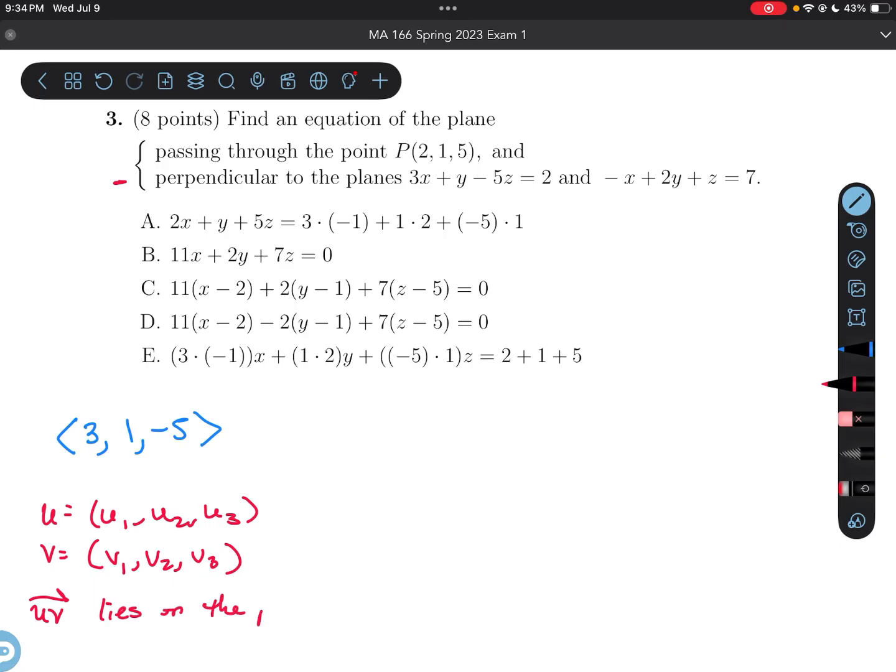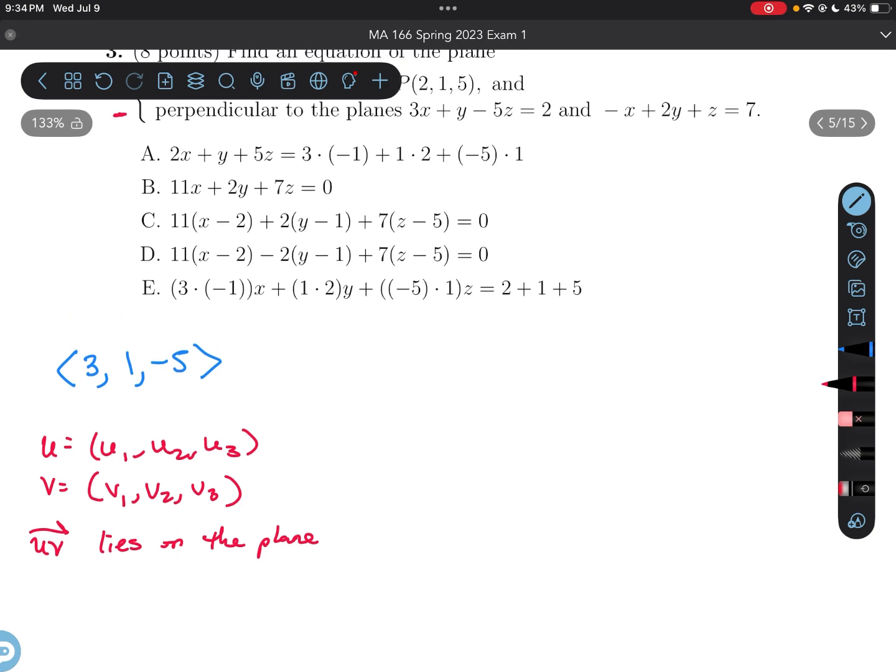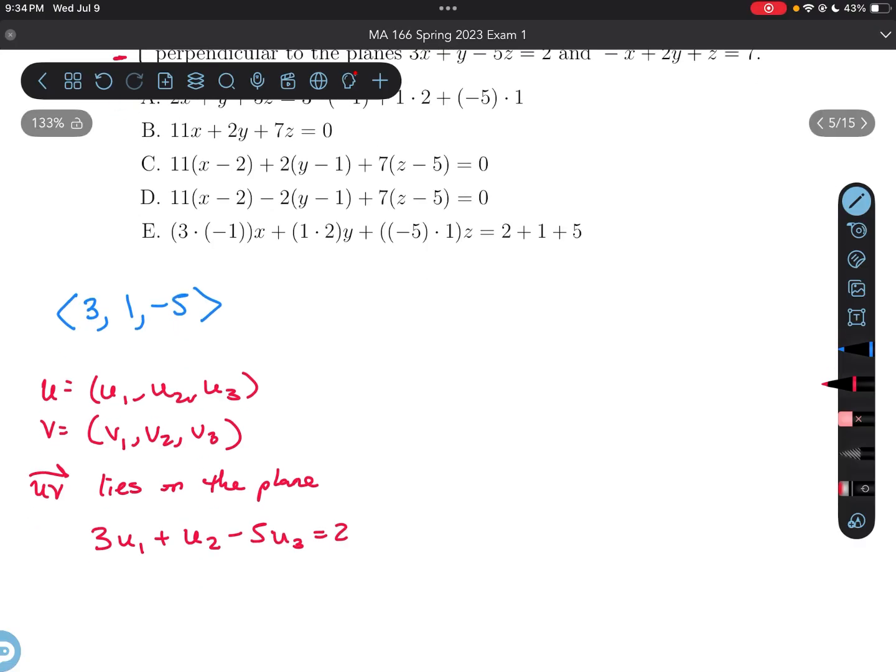Okay? So if U and V both lie on the plane, then 3 times U1 plus U2 minus 5 times U3 equals 2, and 3 times V1 plus V2 minus 5 times V3 equals 2.